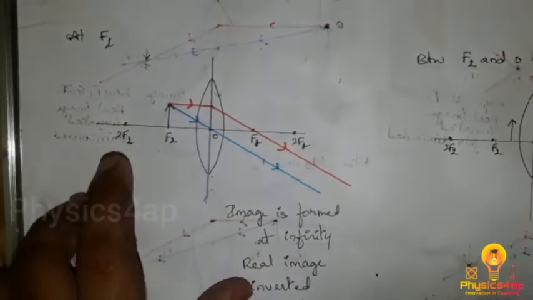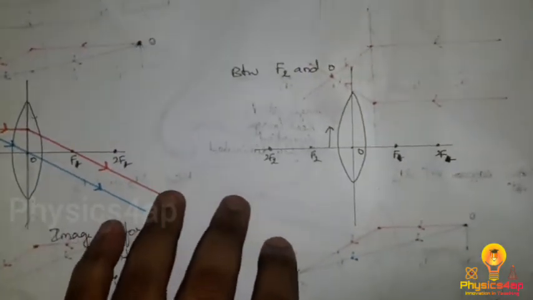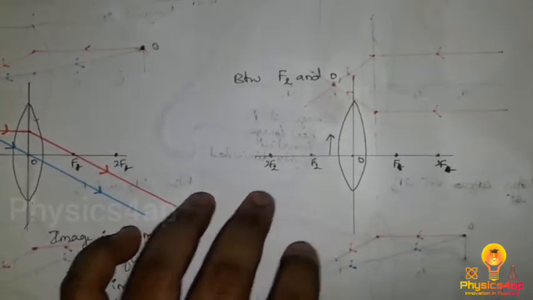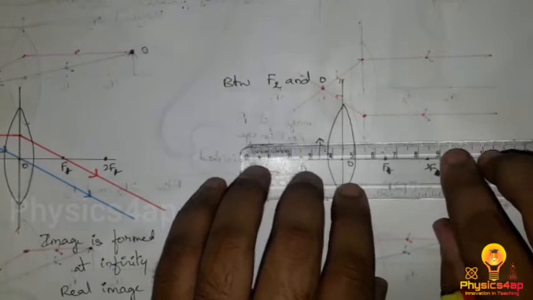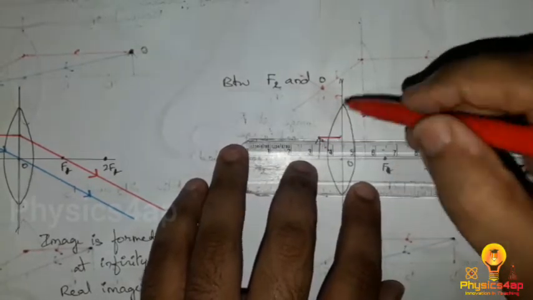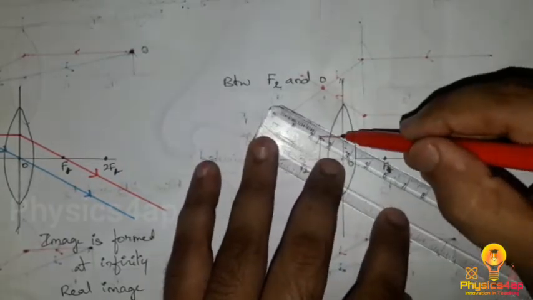And the last ray diagram of the convex lens is when the object is placed between the focus and the optic center. The first ray passes parallel to the principal axis and passes through the focus.